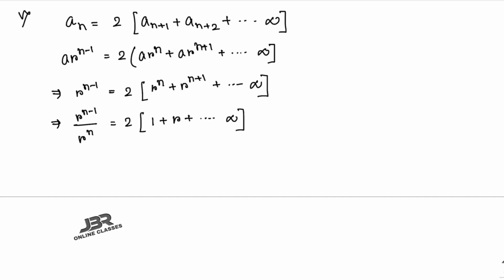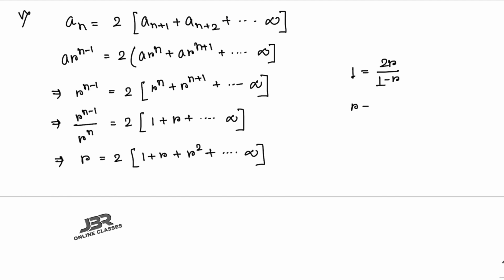So you can write 1 equal to 2r by 1 minus r. 1 is equal to 2r by 1 minus r. So r equal to 1 by 3 as your answer.